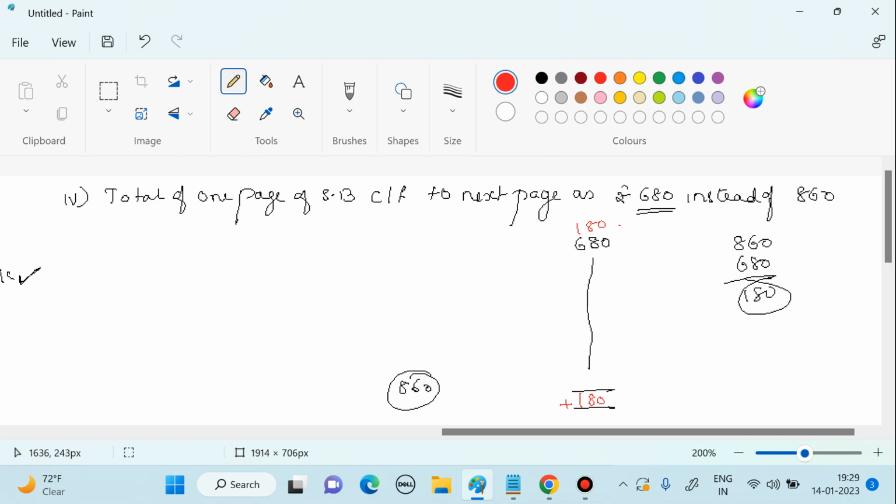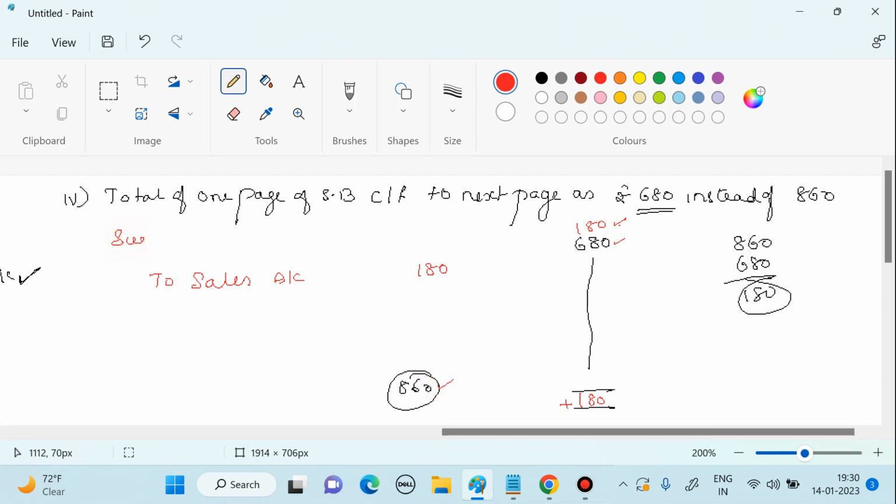Very good, correct. Sales is credited with just 680, but it should have been credited with 860. So we have to further credit 180 so that it becomes 860. So we will be crediting sales by the difference of 180, so that it comes to the required 860.